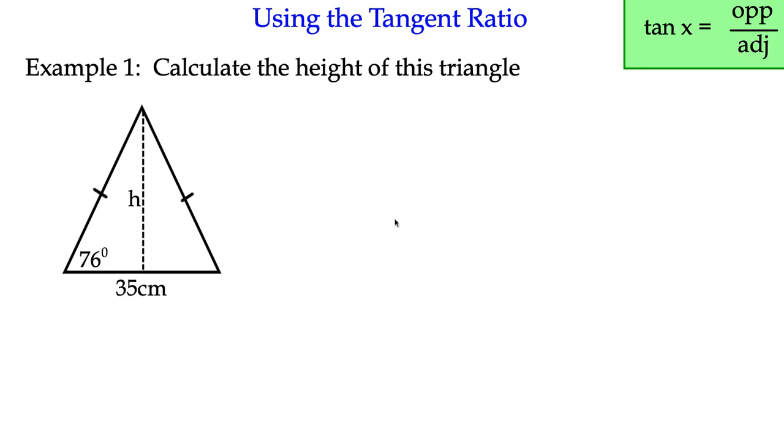Okay, so in this video, we're going to have a look at using the tangent ratio. We've had a look at how we can use trigonometry to work out the size of a side we don't know. In a right angle triangle, we can also use it to work out one of the angles in the triangle.